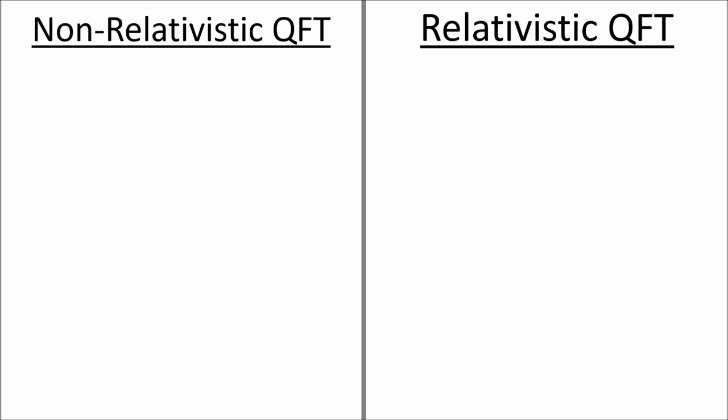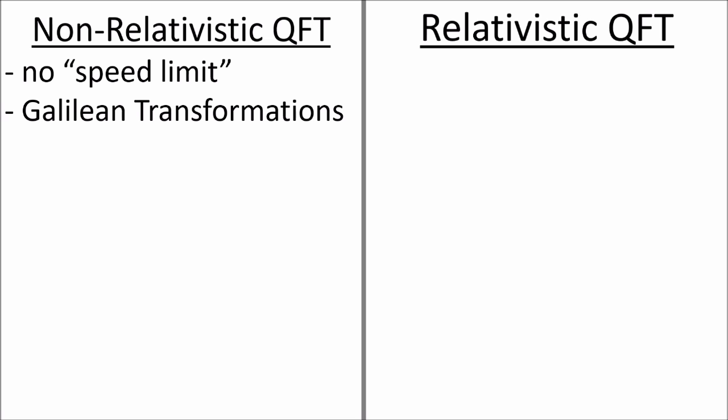The difference between relativistic and non-relativistic quantum fields basically comes down to a speed limit regarding how quickly one part of the field can talk to another part of the field. If there is no speed limit for how fast field disturbances propagate, then we are working with a non-relativistic quantum field theory, and the form of the field's Lagrangian density will remain the same under Galilean transformations.